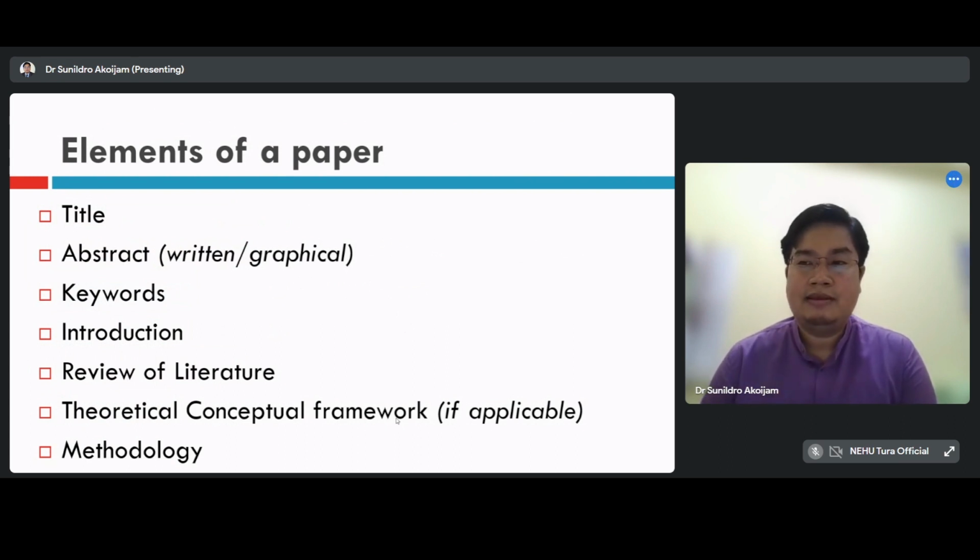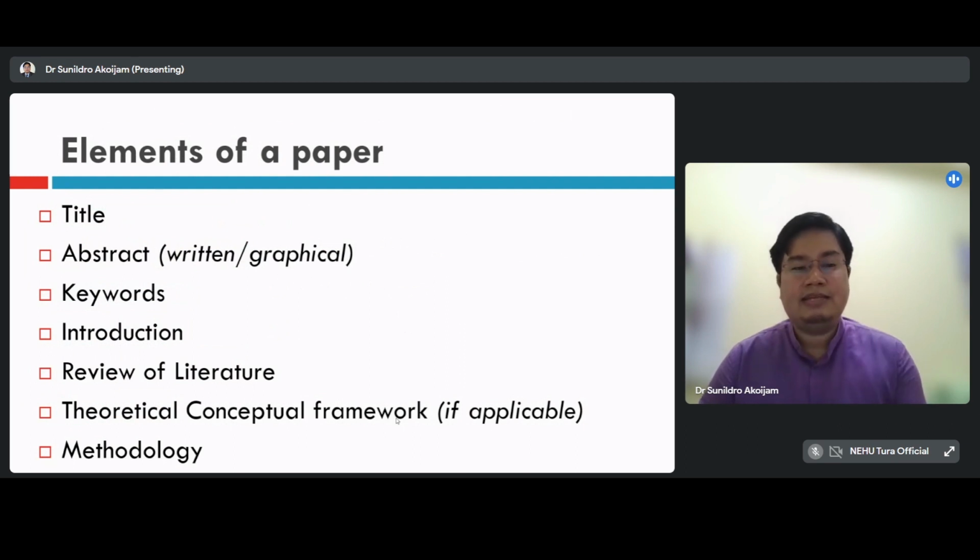This is one of the most common problems faced by many young researchers, because they know that these are the elements that they should include in the paper, yet they are not very clear in terms of what they actually write within each element. So first of all, let me show you what the elements are, then let me give you a brief understanding of what you are supposed to write within each element.